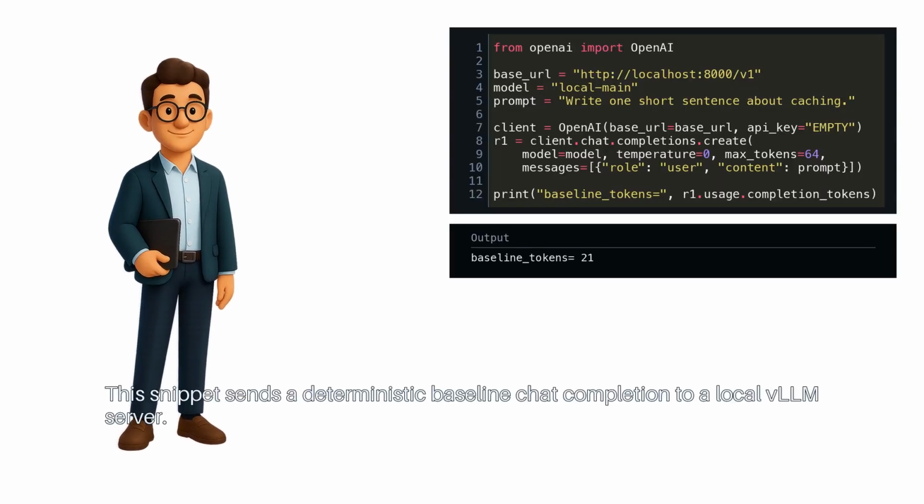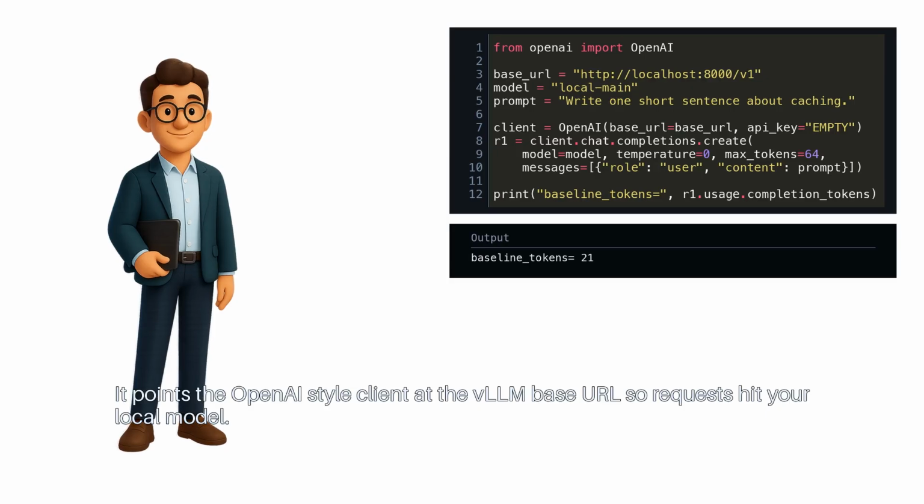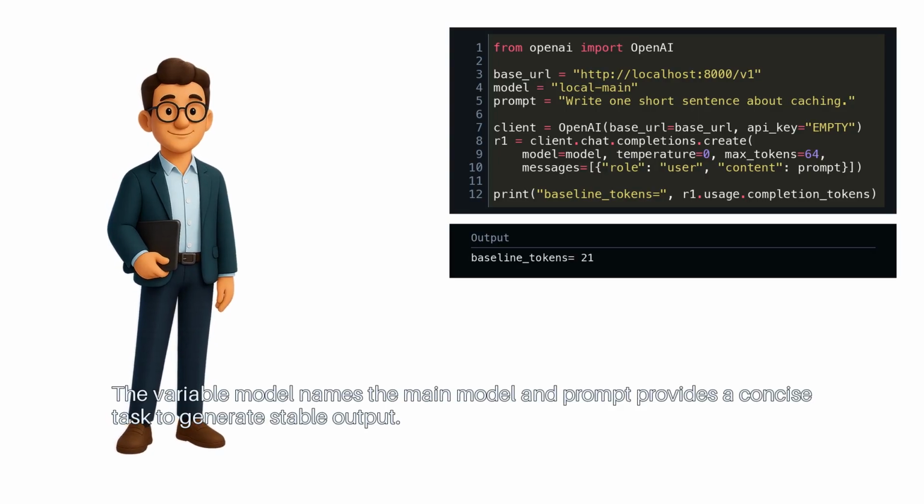This snippet sends a deterministic baseline chat completion to a local vLLM server. It points the OpenAI-style client at the vLLM base URL, so requests hit your local model. The variable model names the main model, and prompt provides a concise task to generate stable output.